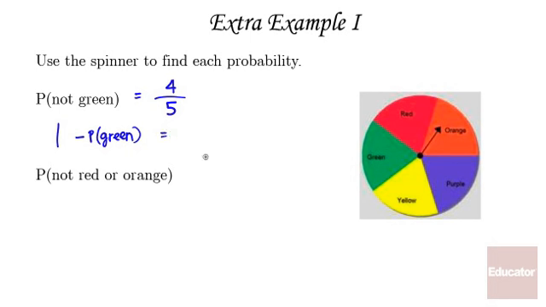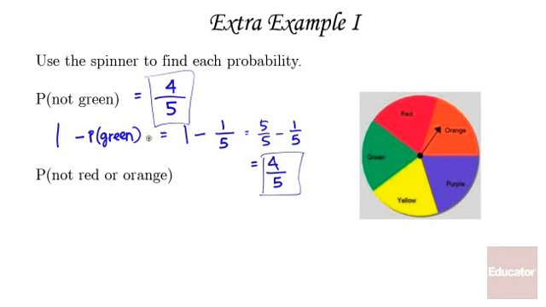So this will be 1 minus 1 over 5. I can change this whole number into 5 over 5 to make the denominators the same. 5 over 5 minus 1 over 5. 5 minus 1 is 4 over, keep the denominator the same, and I'm going to get the same answer.